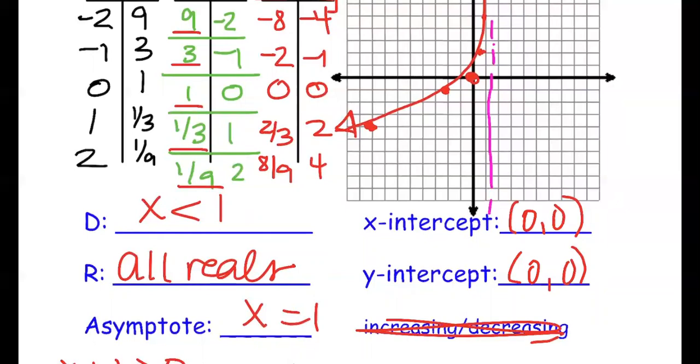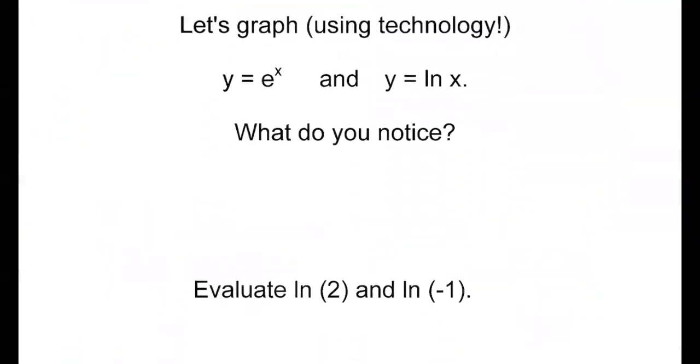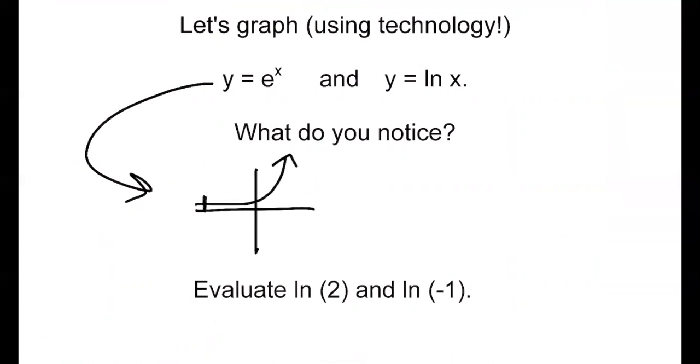Okay. The last types of graphs we have to talk about are going to be exponential and logarithmic, but using base e. Okay. So you do need a calculator for this. So if you don't have a calculator, please go grab one. But if I have to graph e to the x, you should get something that looks kind of like this. E to the x has an asymptote here at 0.